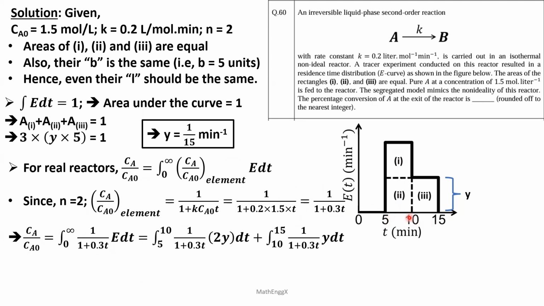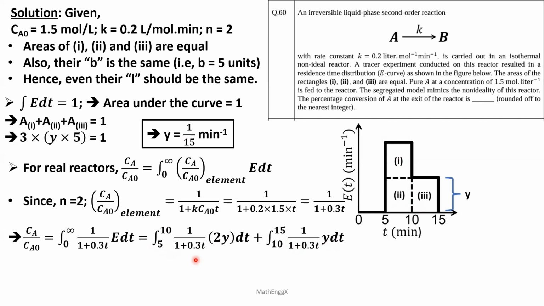Between 5 to 10, the E value is 2 times y, which is the sum of the lengths of rectangles 1 and 2. So E will be 2y between 5 to 10, and between 10 to 15, the value of E will be equal to y. Hence we write this integral as the integral from 5 to 10 of 2y divided by 1 plus 0.3t dt, plus the integral from 10 to 15 of y divided by 1 plus 0.3t dt.